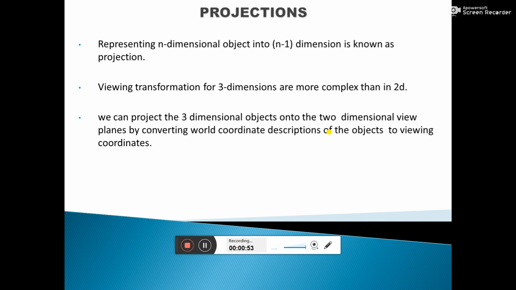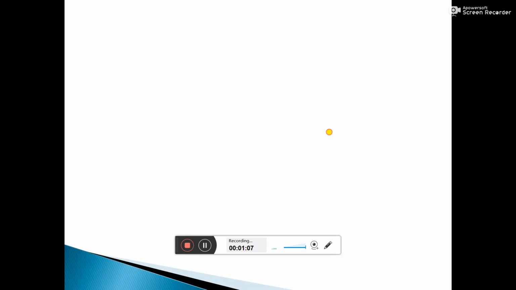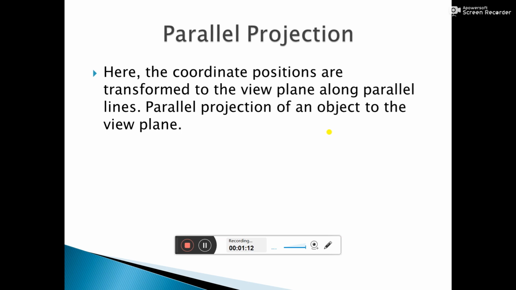That is, we have to convert three-dimensional coordinates into two-dimensional coordinates. There are two basic types of projection: parallel projections and perspective projections. Parallel projections. In parallel projection, coordinate positions are transformed to the view plane along parallel lines.